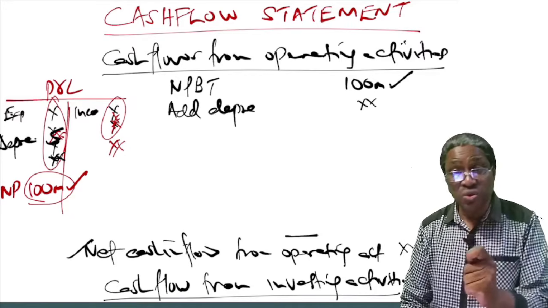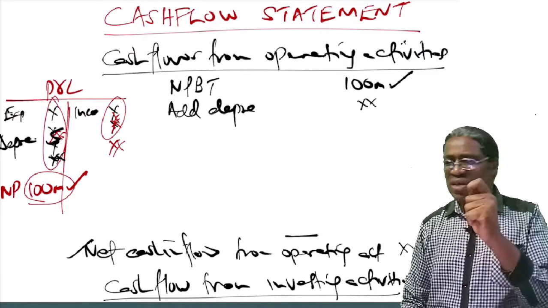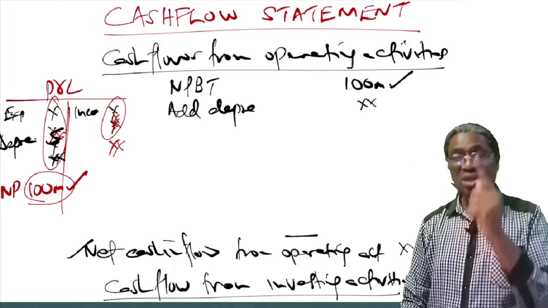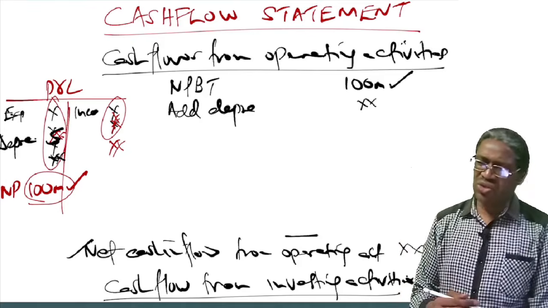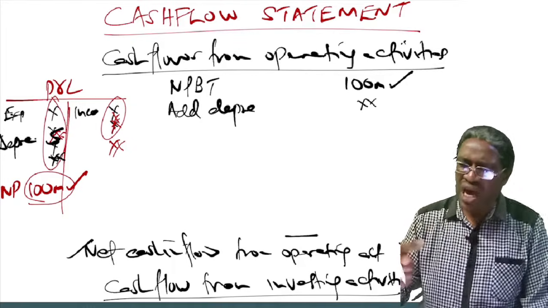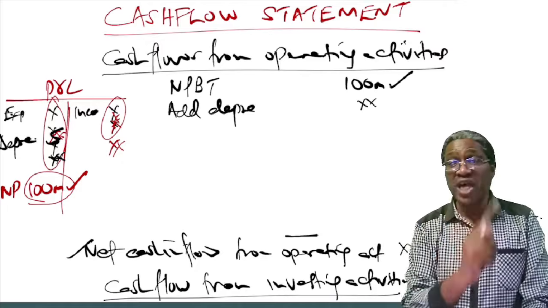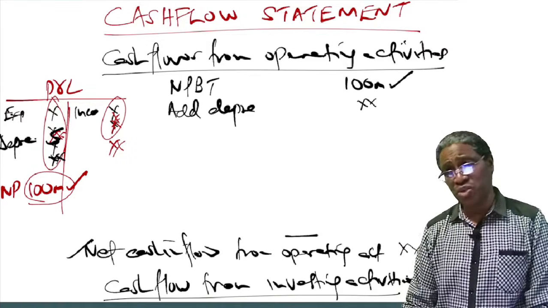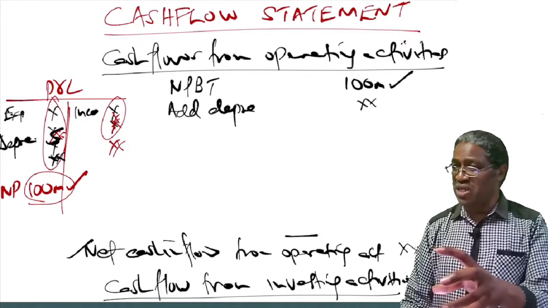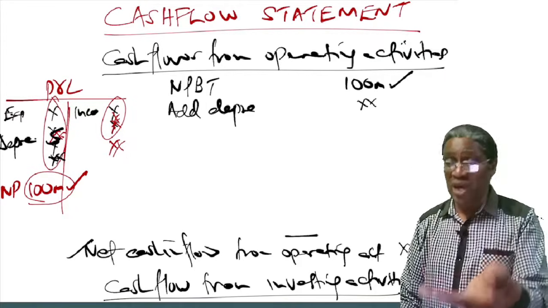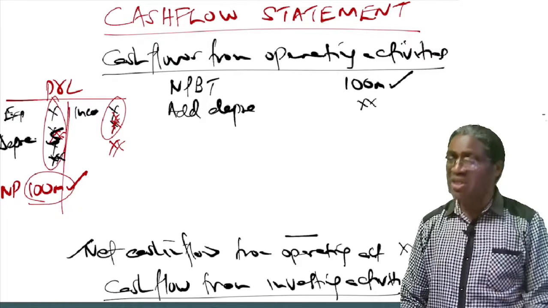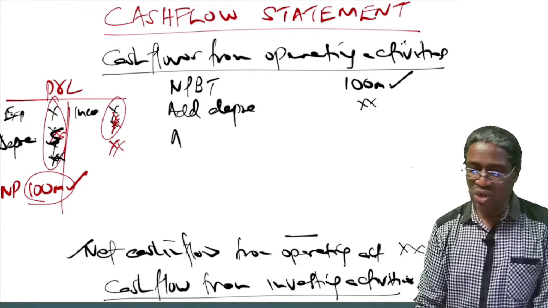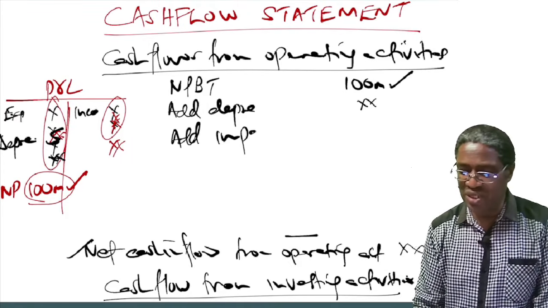The answer is no. That means that impairment loss on goodwill is another non-cash item. So again, you ask yourself, what effect did it have on profit from the cash point of view? Again, our expenses would be overcasted, and when expenses are overcasted, automatically our profit is undercasted. So you come and add back that impairment.